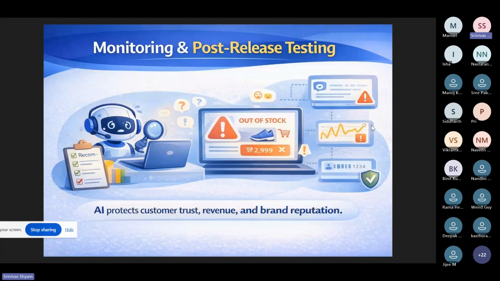Ultimately, in a one line summary, AI testing in e-commerce is protecting your customer trust, your revenue, and your brand reputation. These are critical, fundamental things, very valuable for an organization, and that is what an AI tester actually protects.